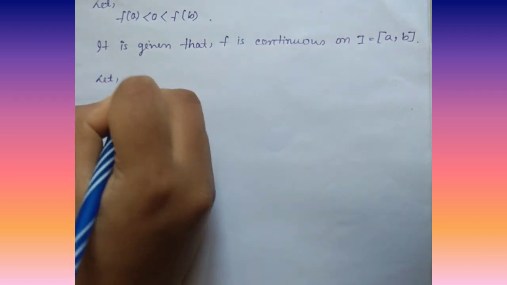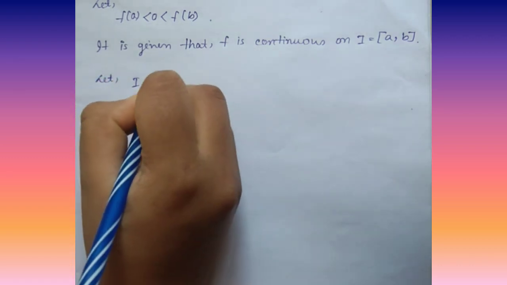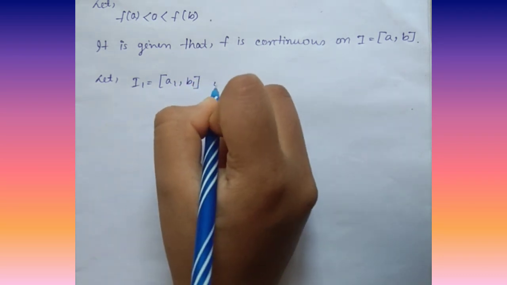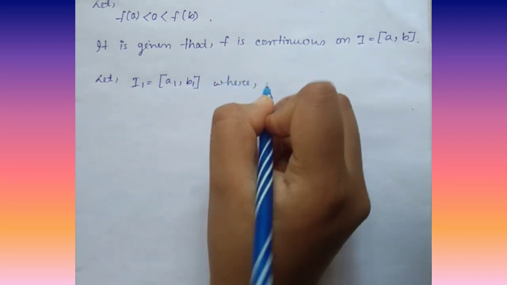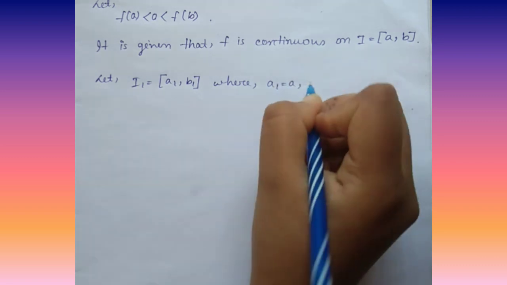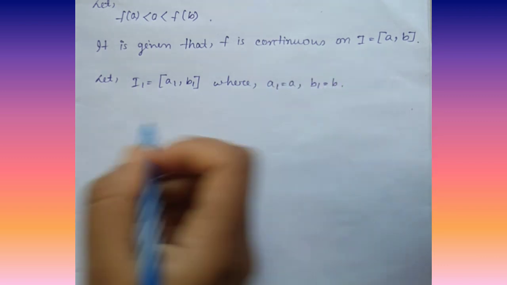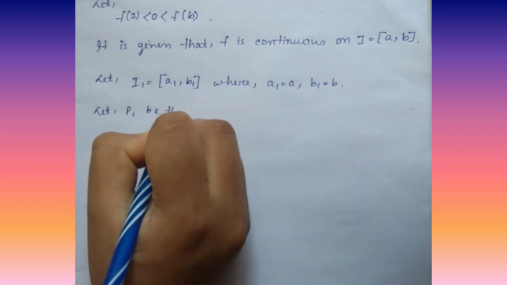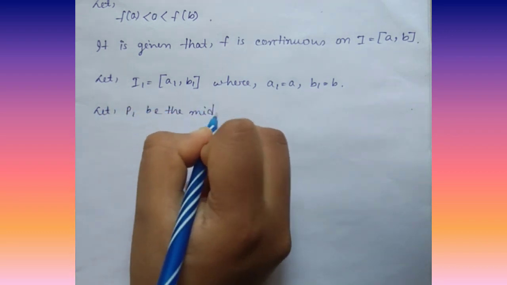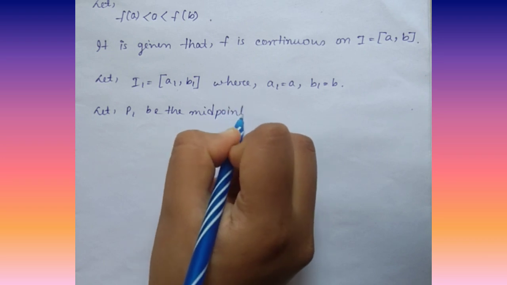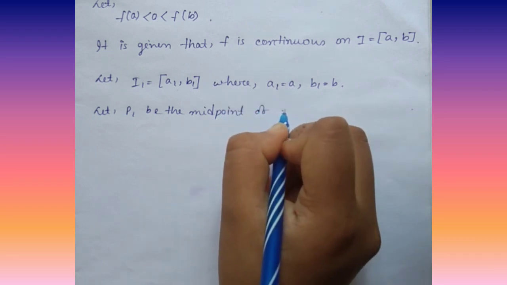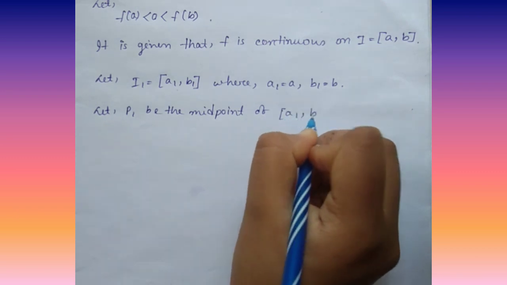Consider that f of a less than 0 less than f of b. Let us consider an interval [a1, b1], and let p1 be the midpoint of [a1, b1], meaning I1.